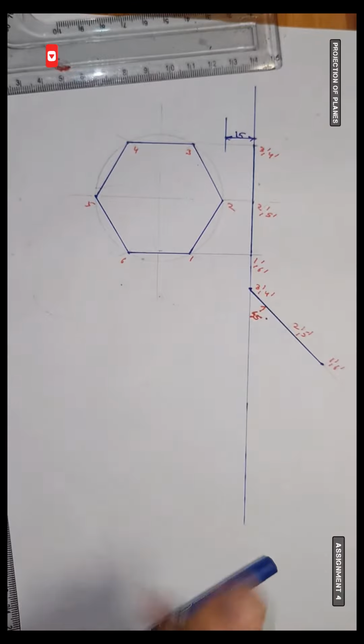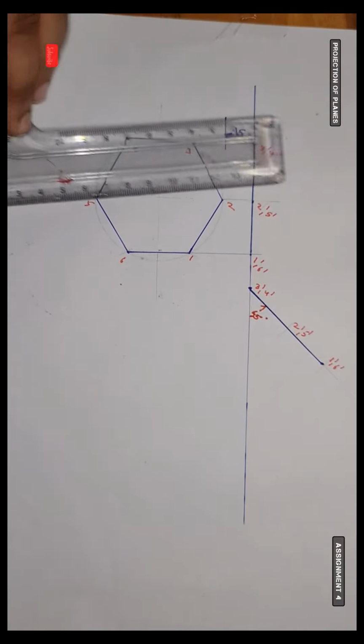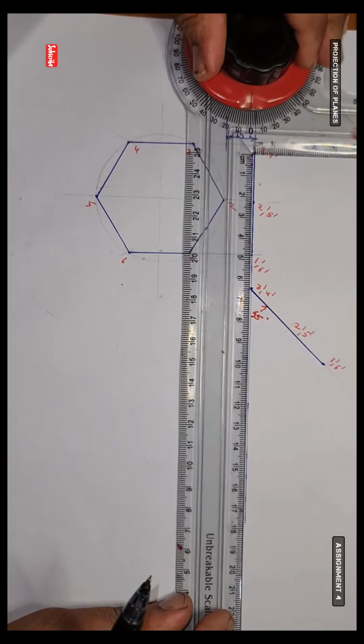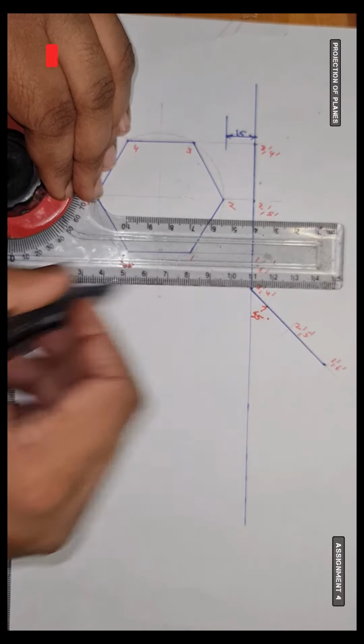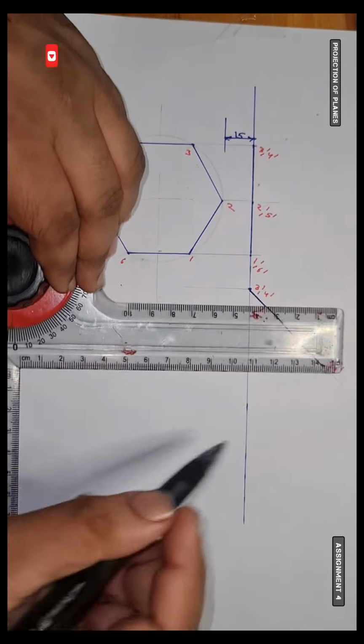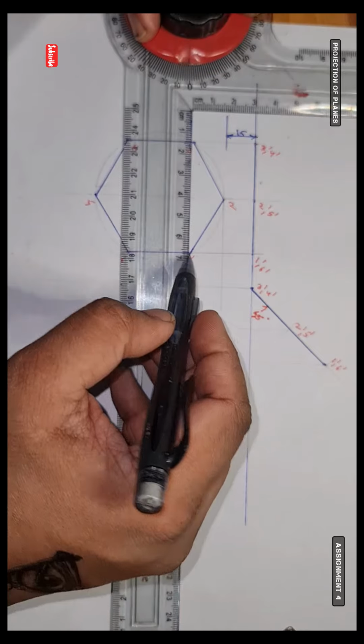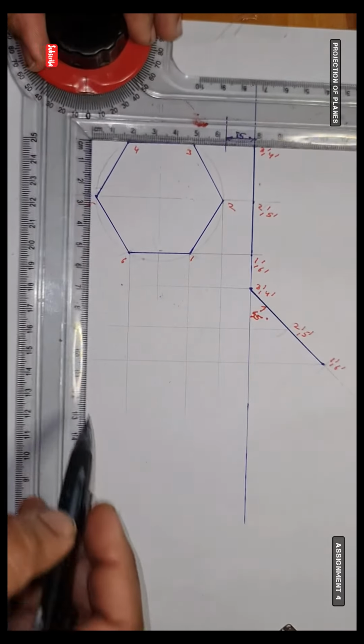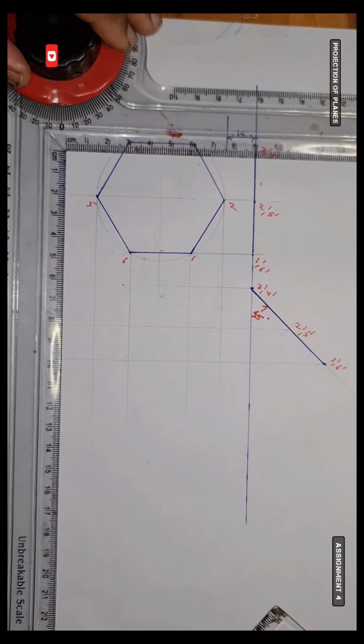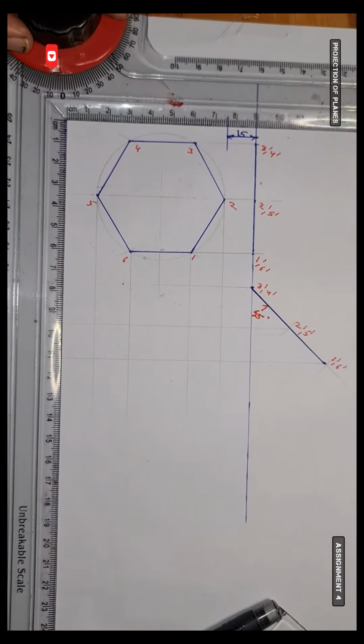Now you need to put these points downside, and you complete the hexagon as earlier in the case of pentagon. So just need to mark the points only.